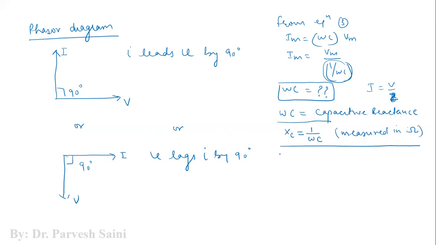Right? So we can write this equation as Im is equal to Vm by Xc, or Vm is equal to Im Xc. Now if you divide it by root 2 on both sides, this is the RMS value. V is equal to I Xc.